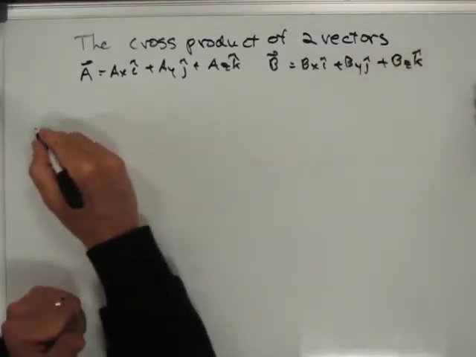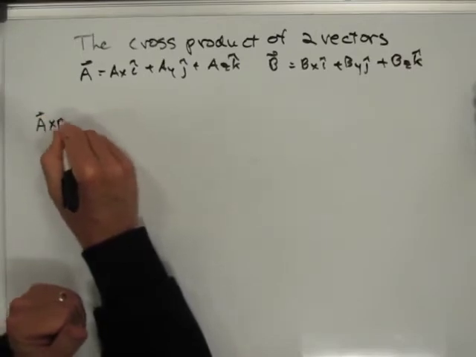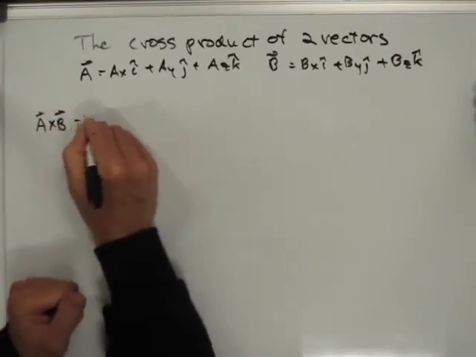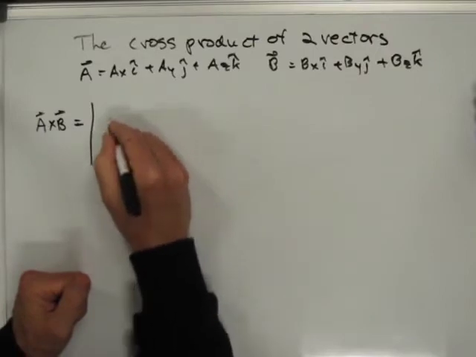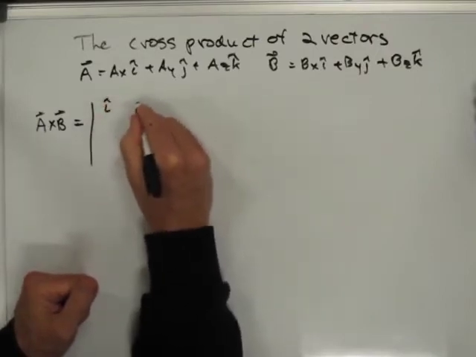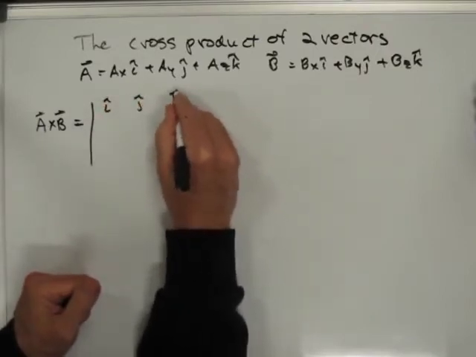And in order to take the cross product, A cross B, it's done by taking the determinant of this 3 by 3 matrix. Hopefully you guys know how to do determinants. I'm hoping so.